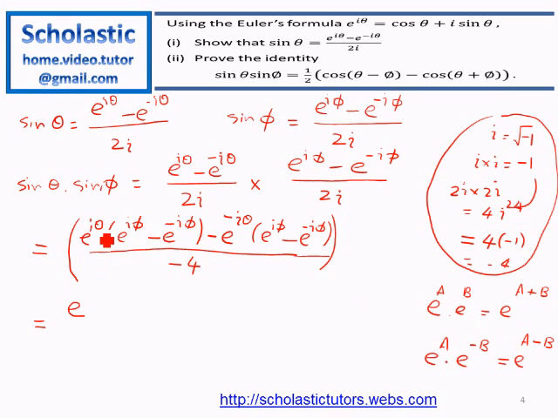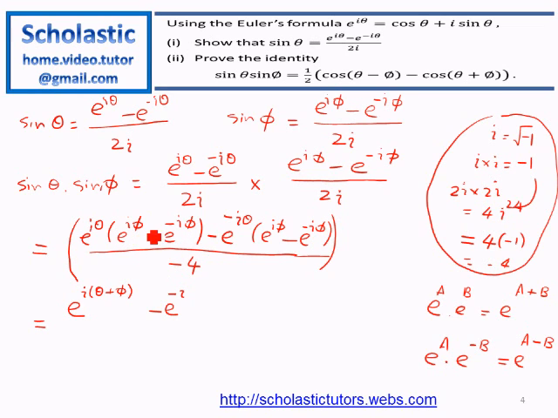So similarly we have i theta and i phi, so it's i common term, you can take i out. Theta times phi means theta plus phi, so e to the i theta plus phi, minus e to the, there's a negative sign, you can take the negative sign out, or keep it in.